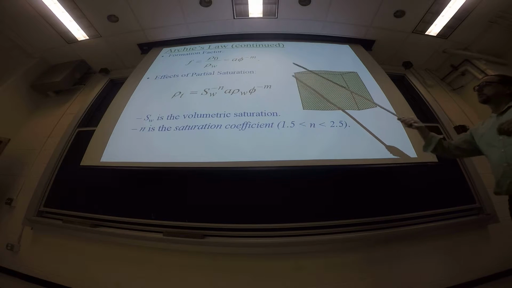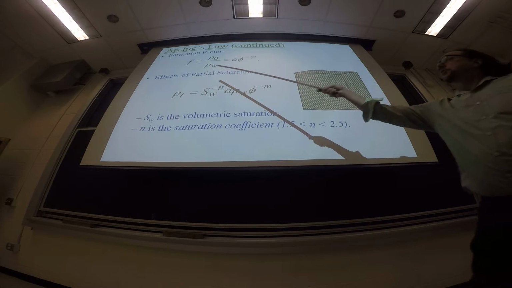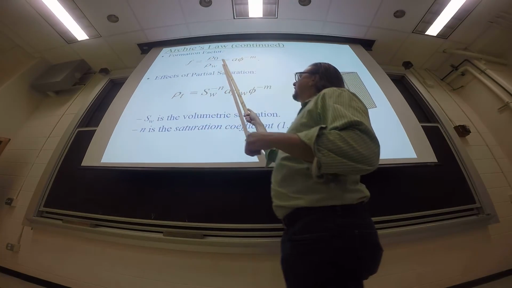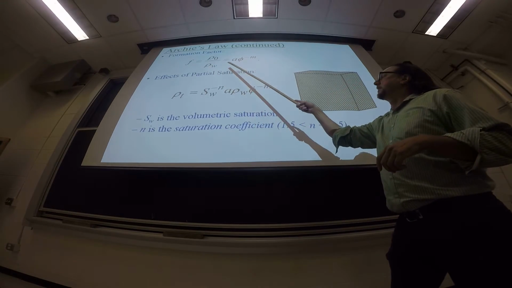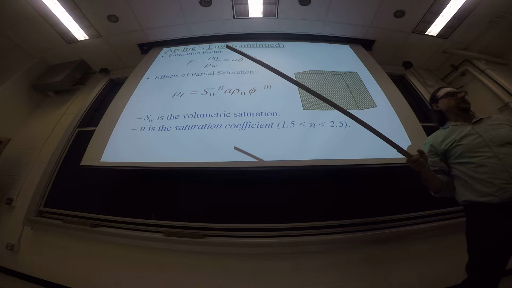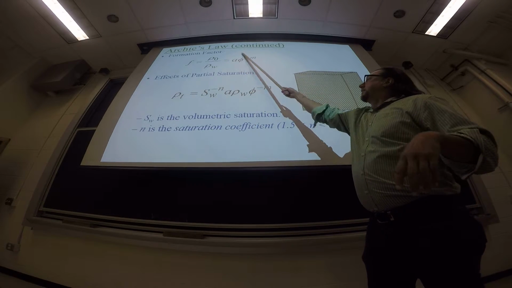One of the things you can do is rearrange that expression in terms of what's called a formation factor, which is simply the bulk rock resistivity over the fluid resistivity. So the formation factor is directly related to only the properties of the rock. It doesn't have the properties of the fluid in there anymore, and it's just given by this value right here.